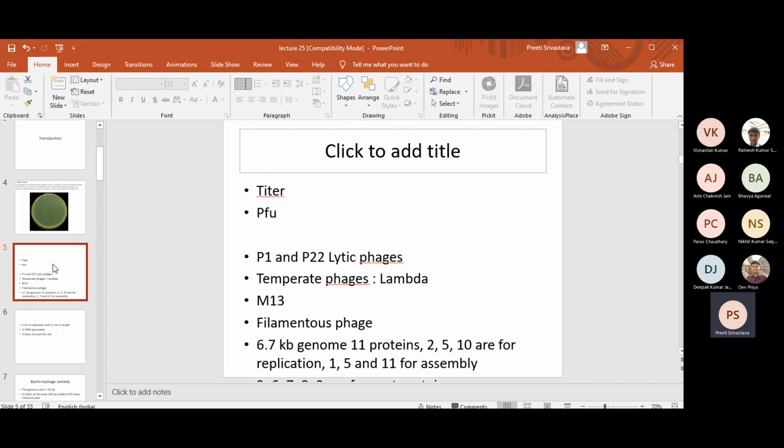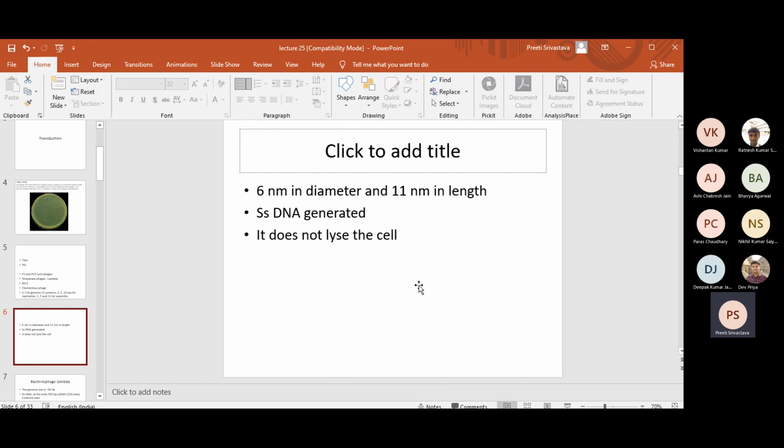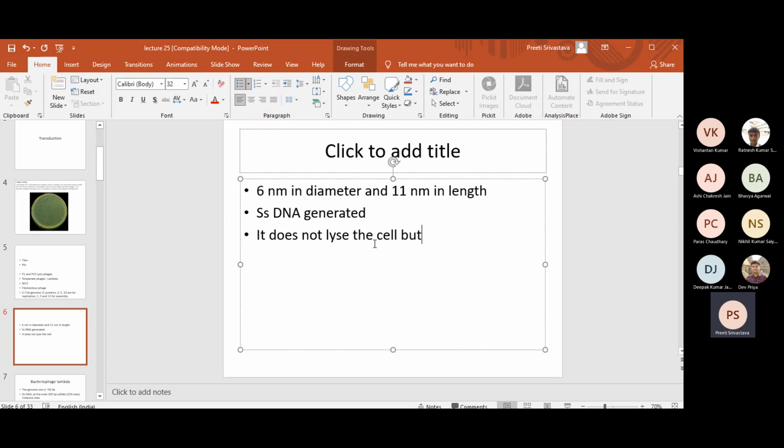But M13 is kind of intermediate because it is not integrating in the chromosome of the bacterial cell. That means it is not exhibiting lysogeny, correct? But when it infects, it produces virions, it produces virus particles without lysing the cell. Followed?